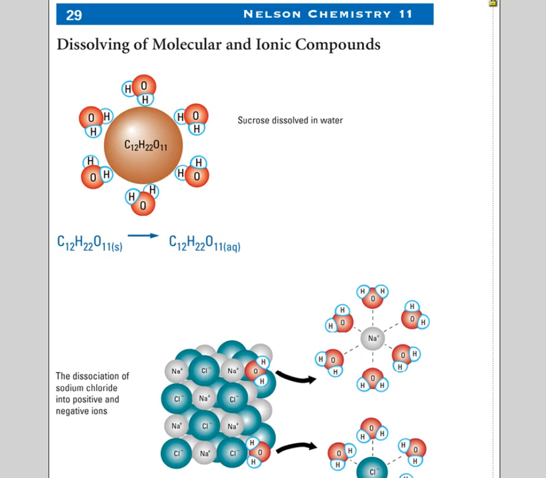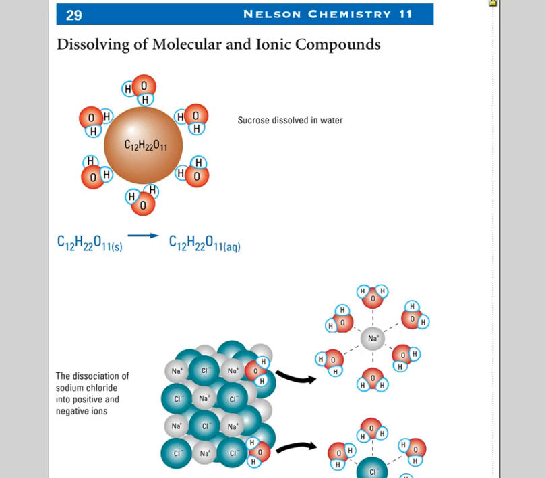A molecular solid is one which is made up of a molecule, so it's a covalently connected particle. So the bonds between the atoms are covalent bonds. All nonmetals, and in this case sugar is a good example to use because carbon, hydrogen, and oxygen are all nonmetals. When sugar dissolves, we get aqueous solution, of course, because water is the solvent, but we don't get ions.